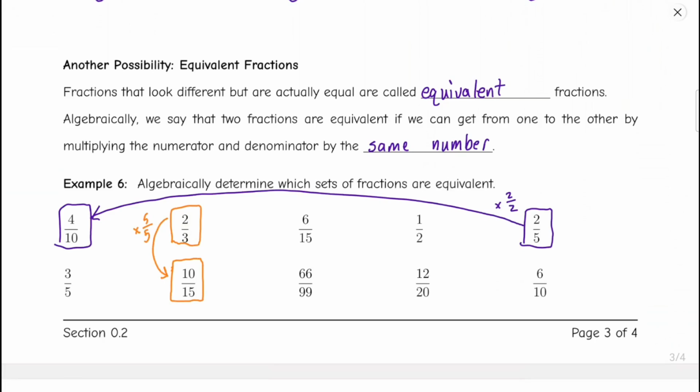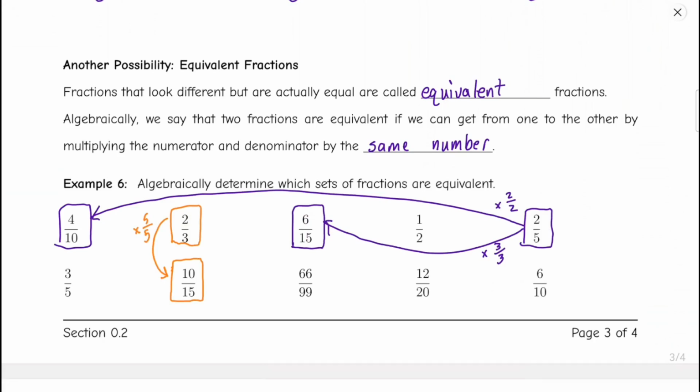6/15, is that equivalent to any? Well, that's actually equivalent to the 2/5. So let me erase that green and go back to the purple. And again, it's because you can multiply the 2/5 by 3/3.